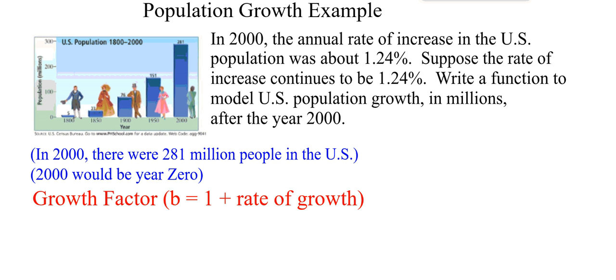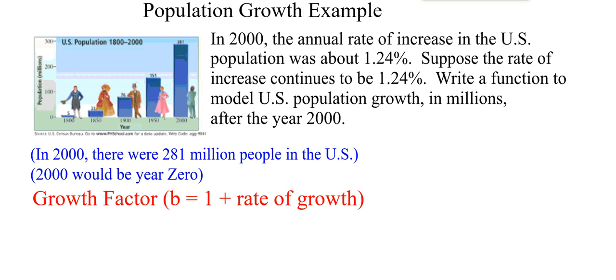Okay, so as we're looking at population growth, populations often grow exponentially, whether we're talking about bacteria in a petri dish or a population of people or animals. Okay, so in 2000, the annual growth rate was 1.24% in the US. We can use that to write a function to model the growth in millions.